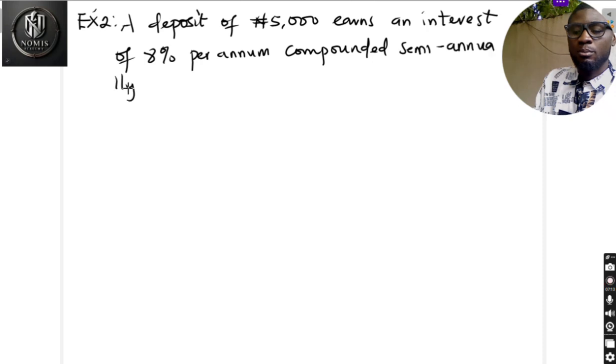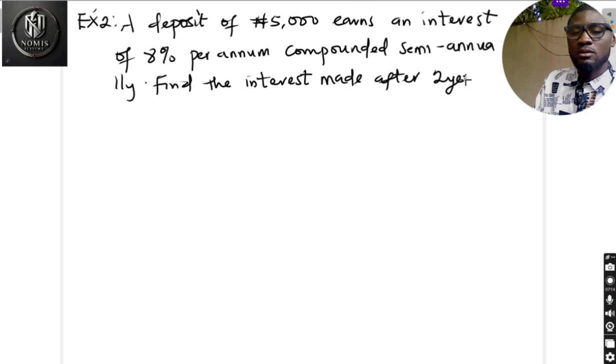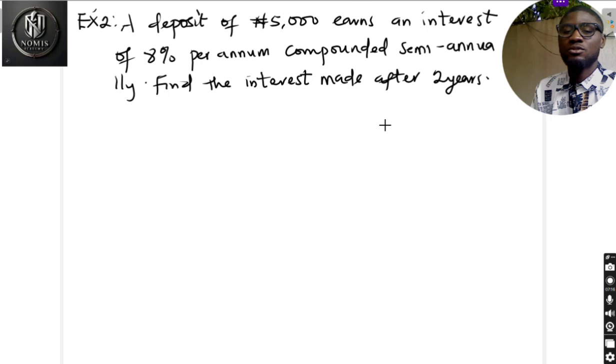Compounded semi-annually. So the question says, find the interest made after 2 years. So let's find the interest made after 2 years.